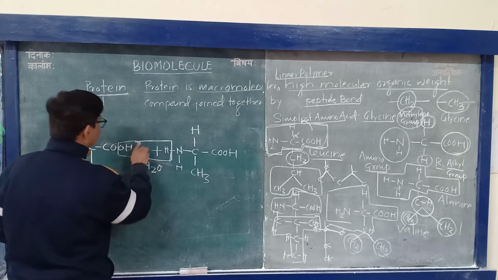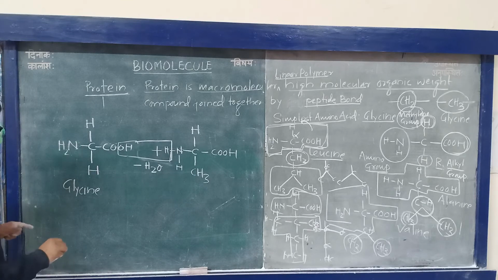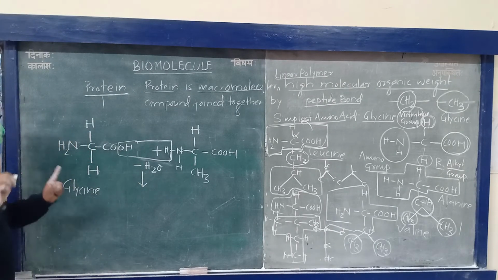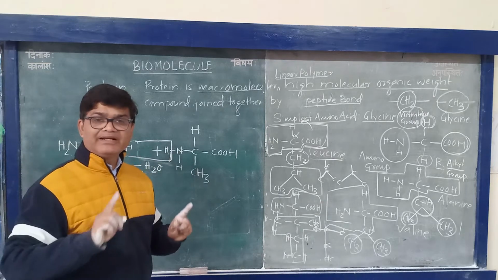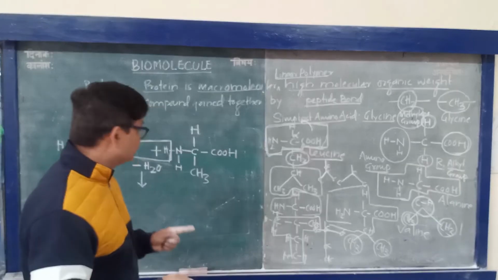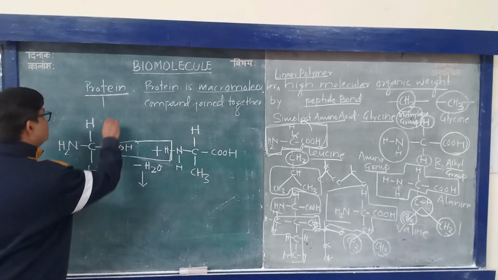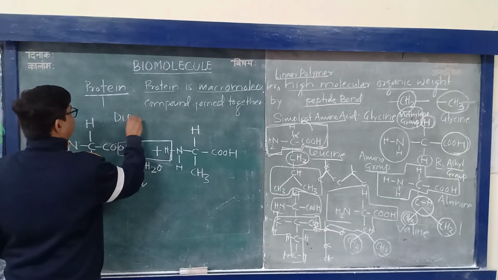What will it release? Water molecules. Okay, so the chemical bond that forms is the peptide bond. That is the peptide bond. Okay, so I am adding two amino acids, so it is known as a dipeptide.